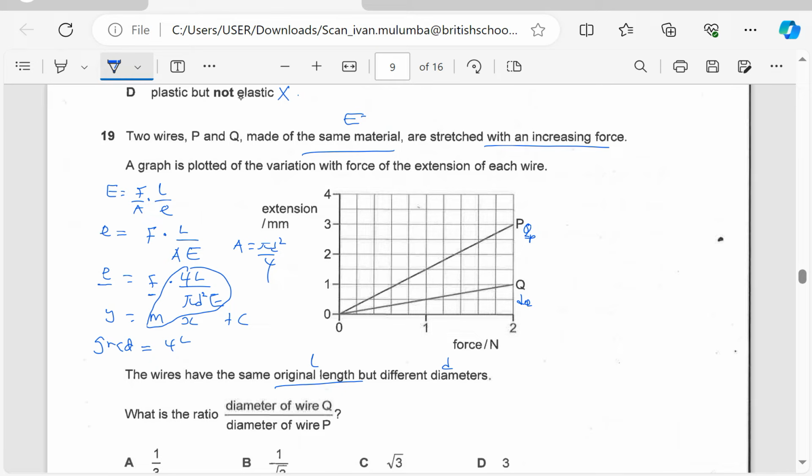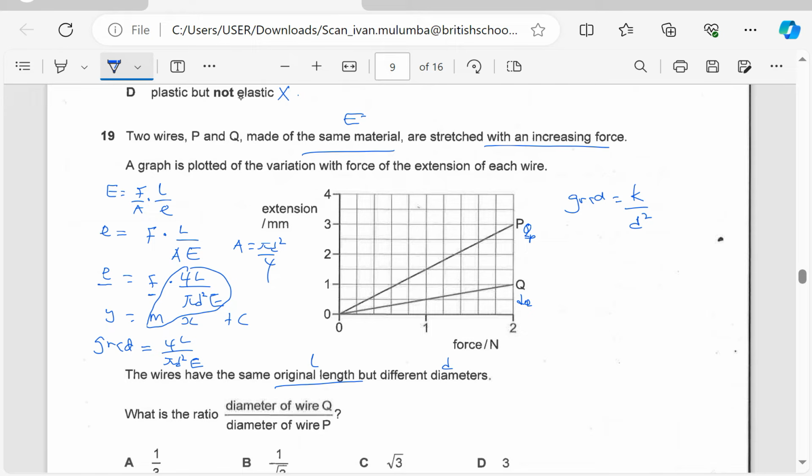Because the length is the same, the 4 is the same for both wires, and pi and E are the same. I'll simply say the gradient is going to be a constant divided by d squared, because it's only the diameter which is changing.